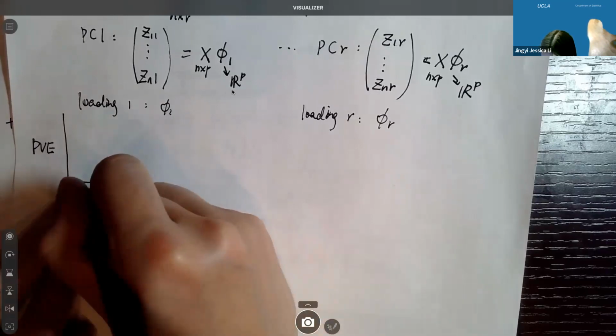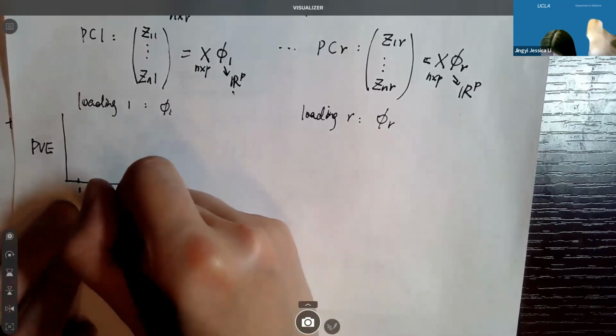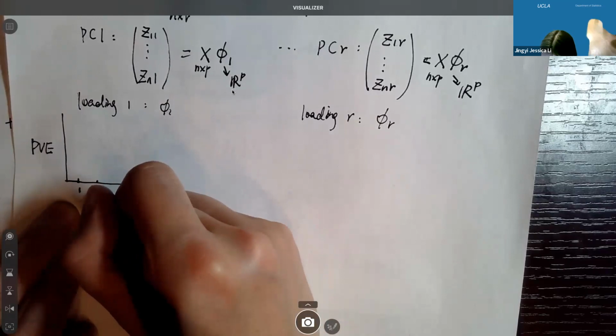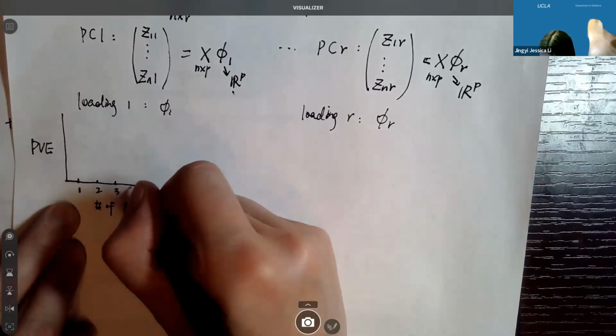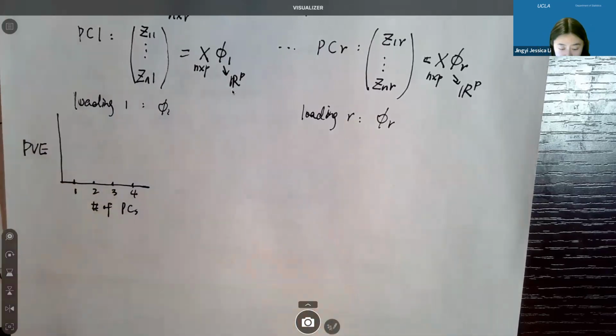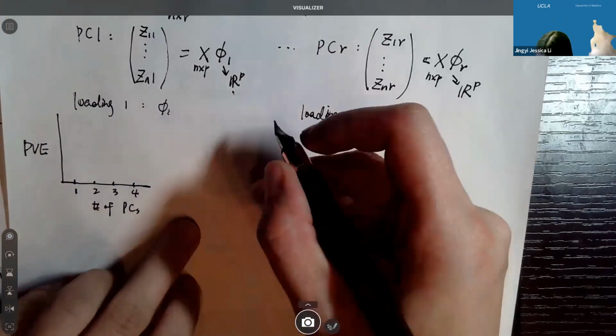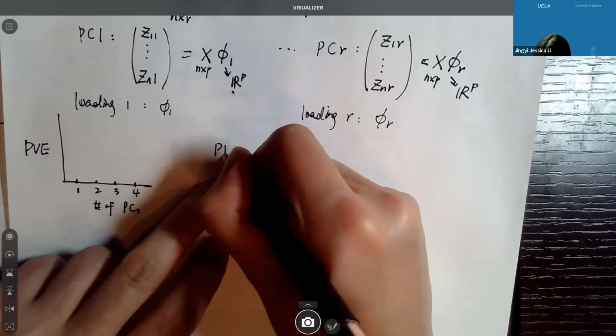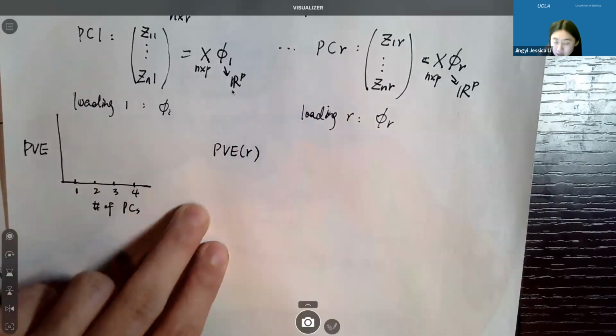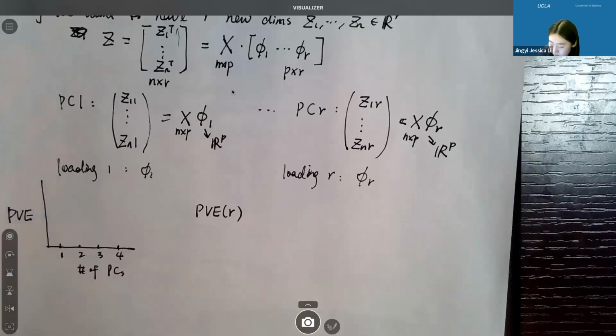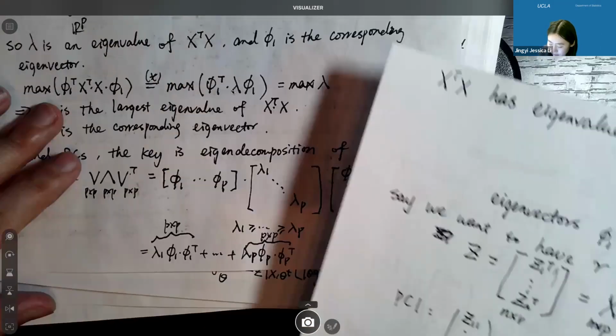So for example, 1, 2, 3, right? Basically, the proportion of variance explained is just simply this. So PVE r.